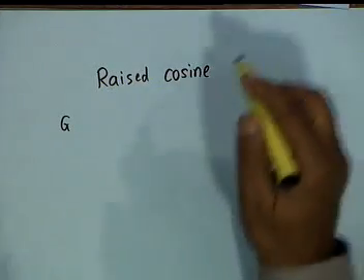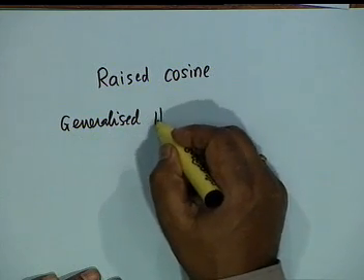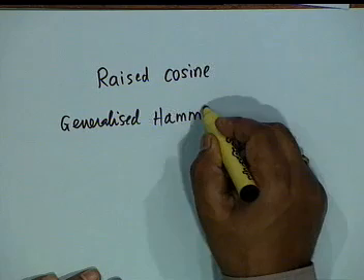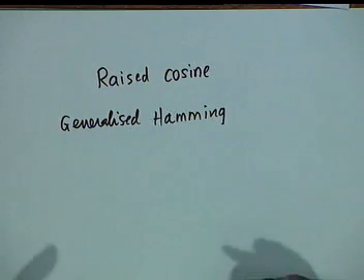Okay, the next window that we consider is the so-called generalized Hamming. There are very smart people, particularly PhD students. They said, why 0.54? What is so sacred?